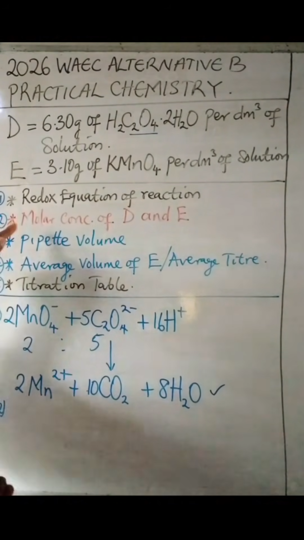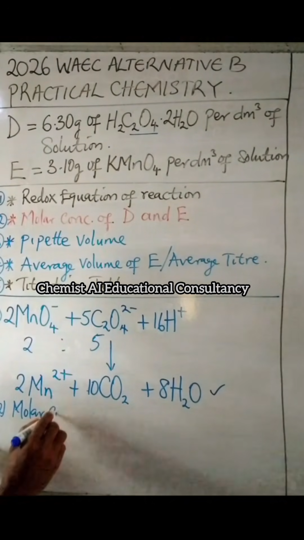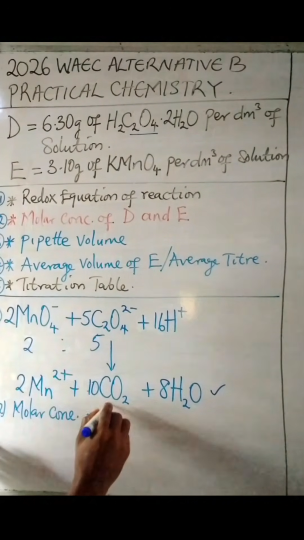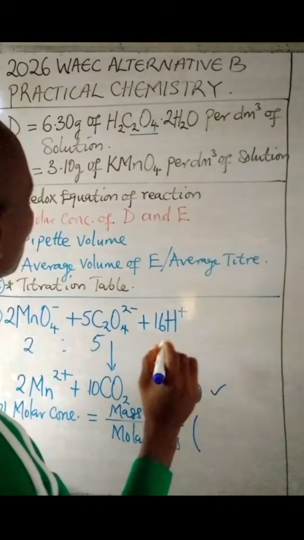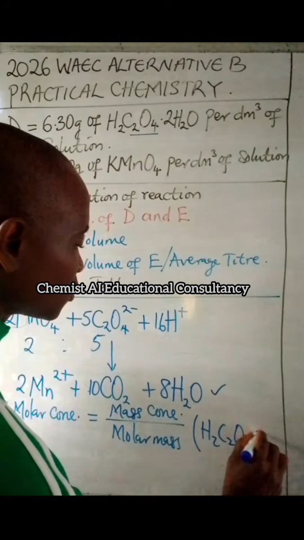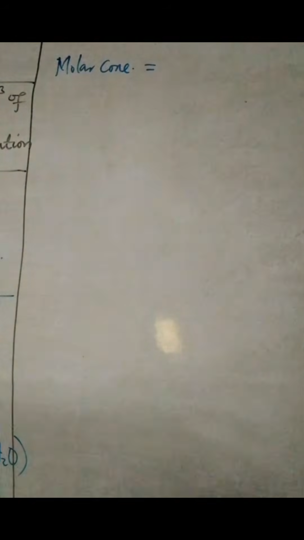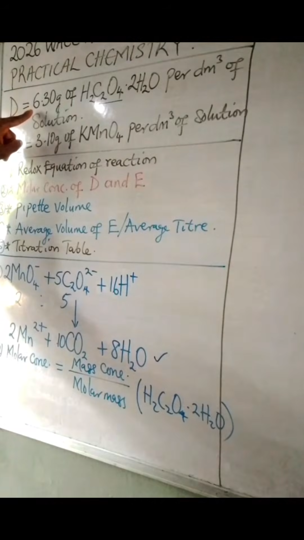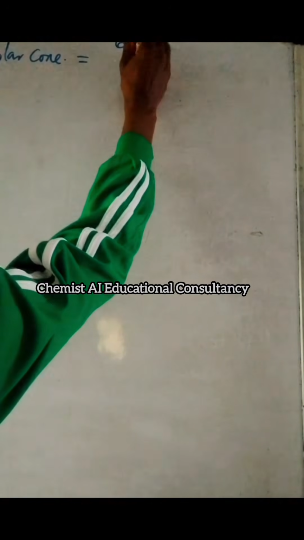Number 2. We are going to calculate the molar concentration of D first by saying that molar concentration equals mass concentration over molar mass. Remember, what we are facing is H₂C₂O₄·2H₂O. So molar concentration equals mass concentration, and you know that the mass concentration is 6.30 grams. So you write 6.30 over molar mass.